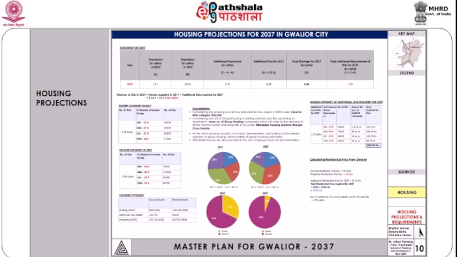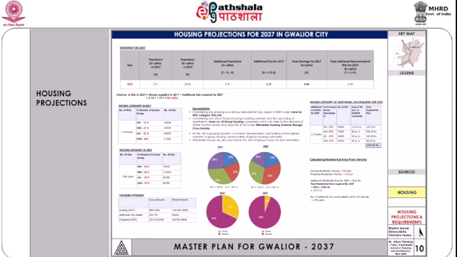That means for X amount of population, how much housing would be required, and that is calculated based on addressing the existing backlog, the existing shortages in housing, and in addition fulfilling the additional requirements. You can see from this slide how this is calculated, what sort of assumptions we require, and what the various steps are.